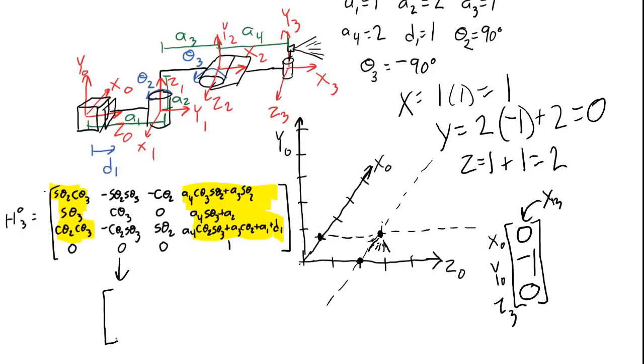The sine of theta 2 is 90. So the sine of theta 2 is 1. So I got -1 times the sine of theta 3. And theta 3 is -90. So the sine of theta 3 is -1.